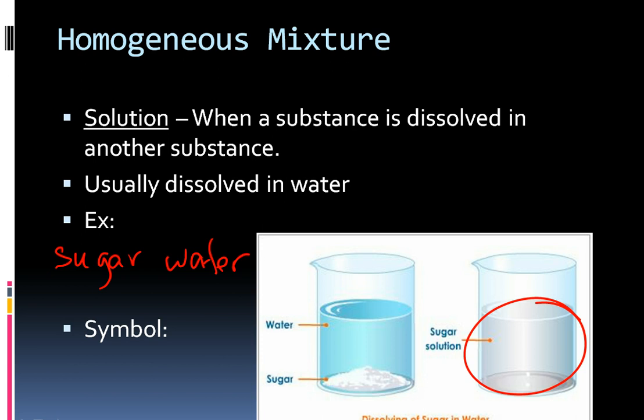It looks the same throughout. We can't really tell the sugar from the water. Now, the symbol here for a solution is AQ. AQ stands for the word aqueous, and that means it's in water. Aqua would be water, aqueous, aqua, so on. So that's a special type of homogeneous mixture.